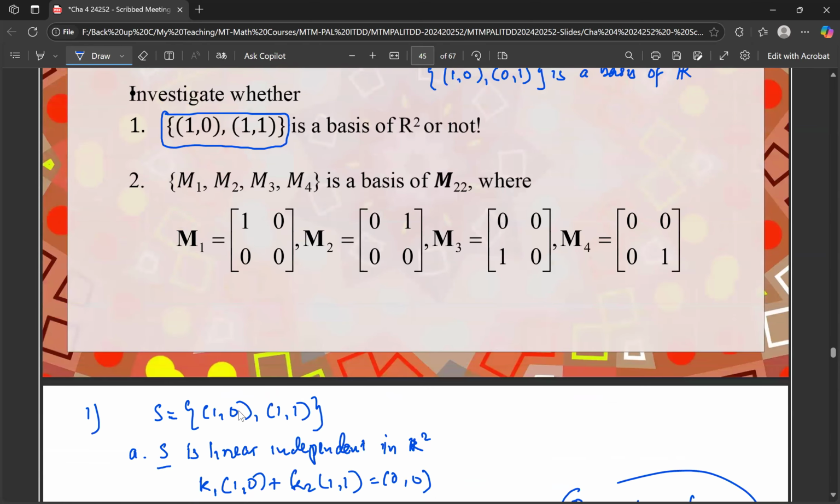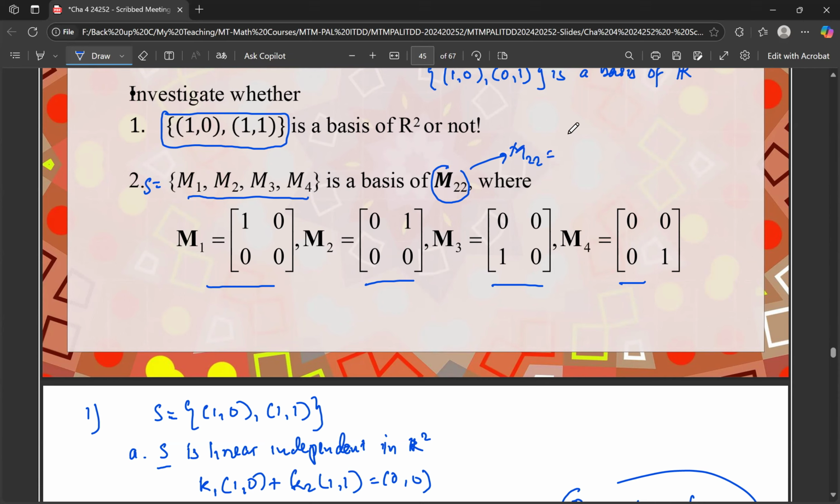Okay, let's talk about example exercise 2. We have four vectors like this: m1, m2, m3, and m4. We want to prove that this set, we call it also S, is a basis of M22. What is M22?